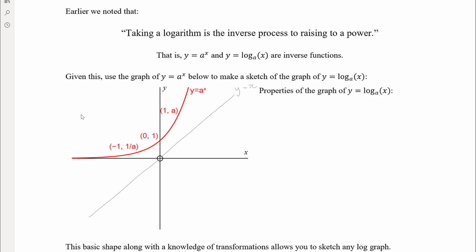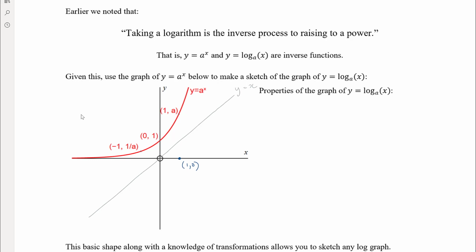That's y equals x. We know that with an inverse function, all the x and y values swap. So the exponential function y equals a to the power of x has a y-intercept at (0, 1), which means that its inverse function, the log function, will have an x-intercept with coordinates (1, 0).